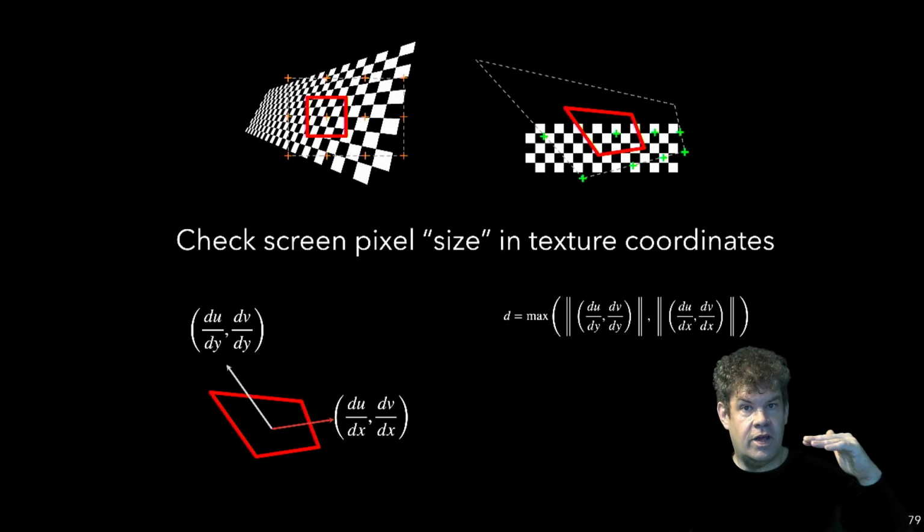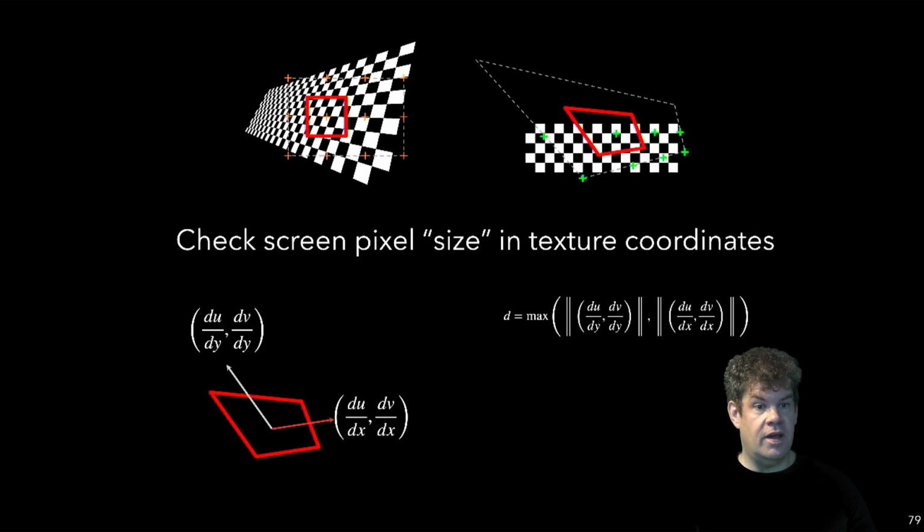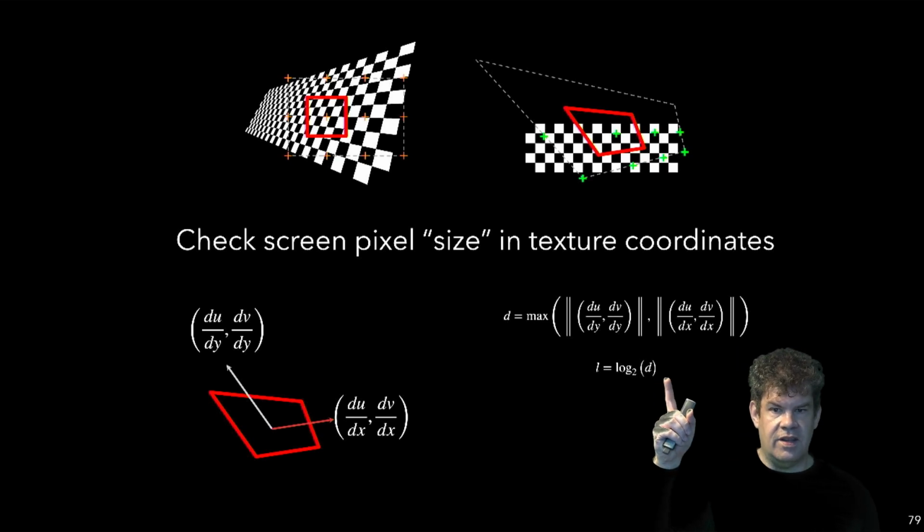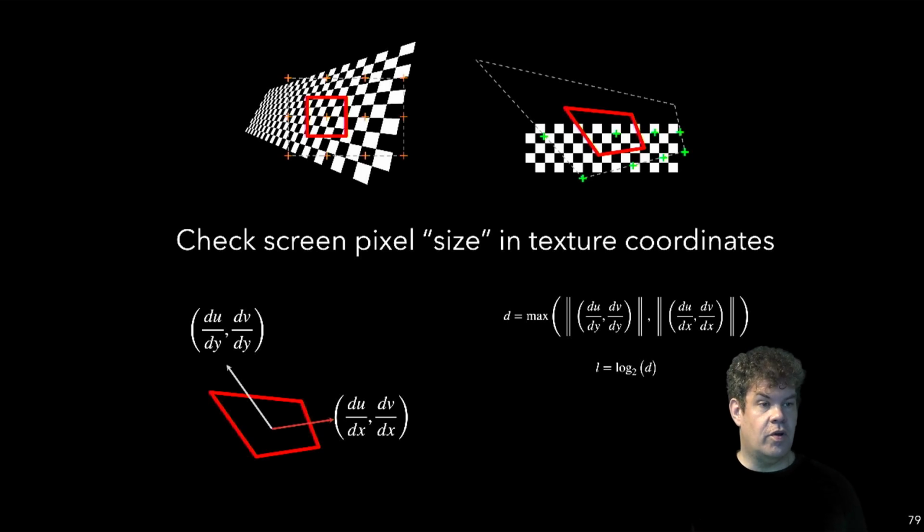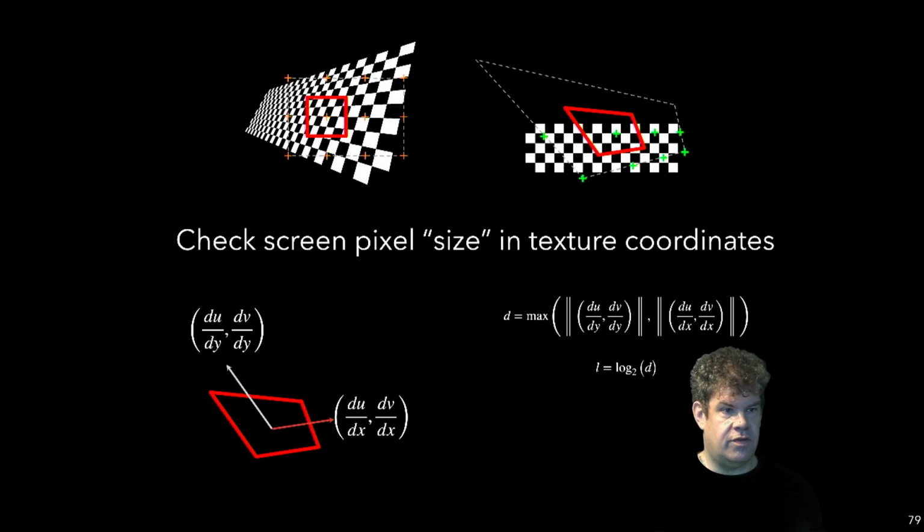Since for each resolution level the size increases by 2 in x and in y, I can simply take the logarithm base 2 of that distance d and I get my level. Notice that it's a floating point, not an integer. It might be 4.8, which means I have to take the levels at 4 and at 5 and compute the average of the two.